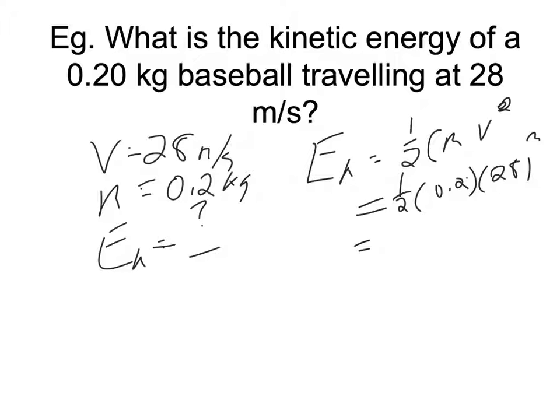Don't forget to square it. That's the most common mistake people make. And you end up with an energy of 78.4 joules. That means you had to do 78.4 joules of work on that ball to get it moving, and it can do 78.4 joules of work on someone else as they try to stop it.